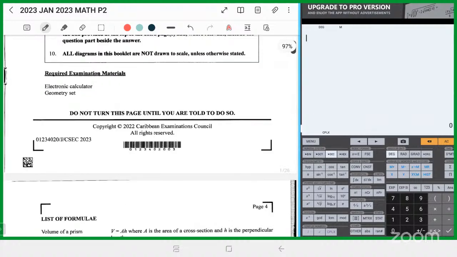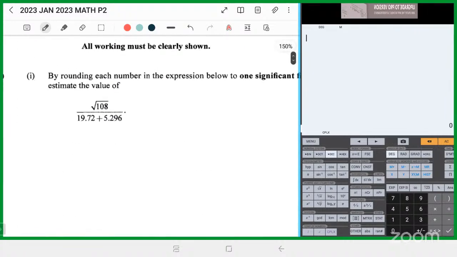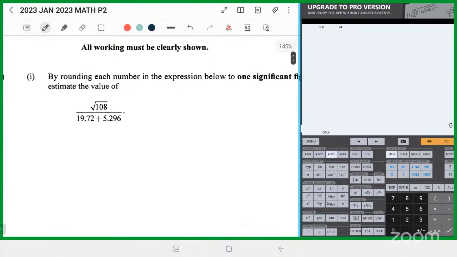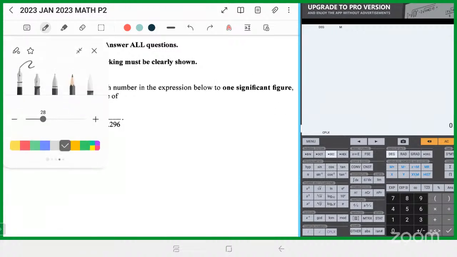So, first question. Always is a calculator question. Oh, this one is kind of different. It says by rounding each number in the expression to one significant figure. Normally we first use a calculator to work on the part.